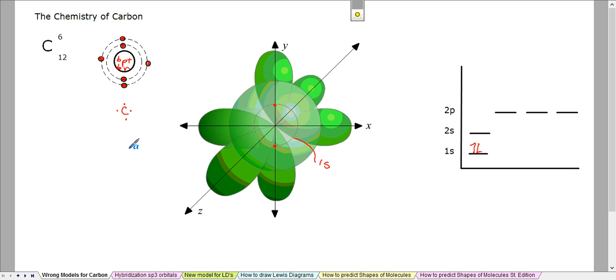However, we know, based on our lessons, that the electrons wouldn't exist in these flat spaces rotating around, because the law of electric charges states that like charges repel. So the electrons will try and get as far away from each other as they can. So we know we can stick 2 electrons in the 2s energy level, and that's this one right here, which means we have 2 more electrons to account for.